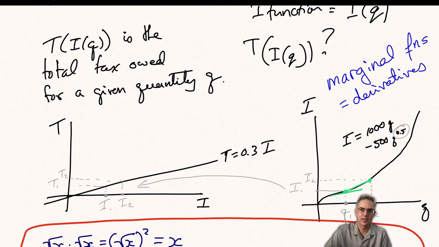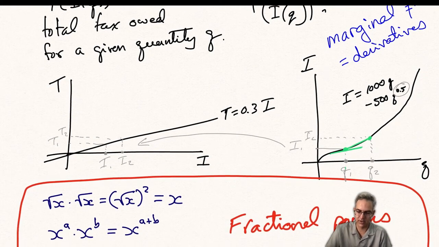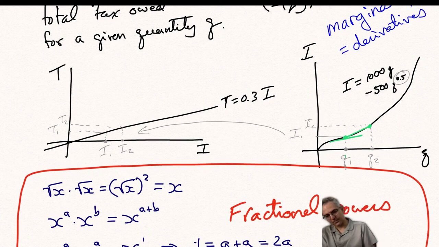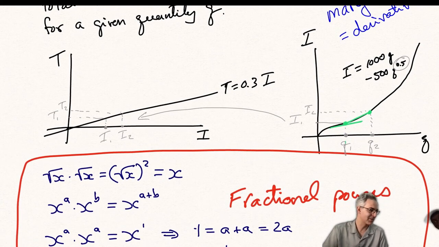Okay. So even if we're not quite sure what a marginal function means, at least we can remember it is a derivative. And I was trying to motivate what we're doing if you knew what a marginal function is, but if you don't know what it is yet, then it's not a very good motivation.